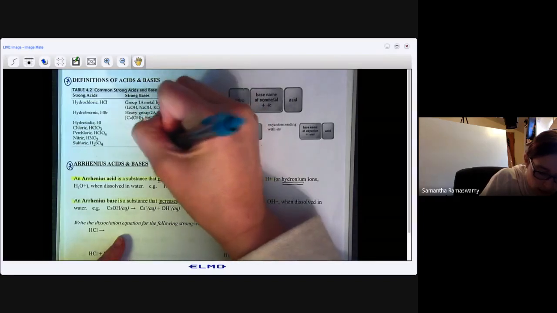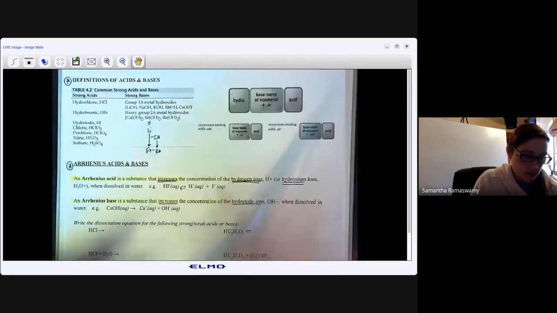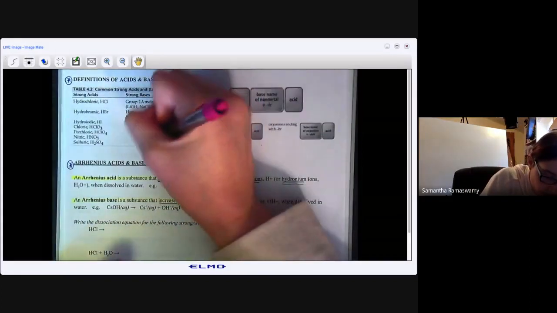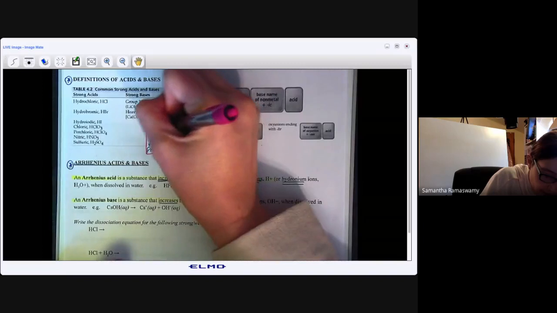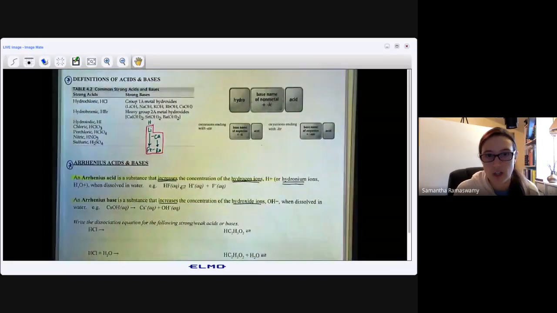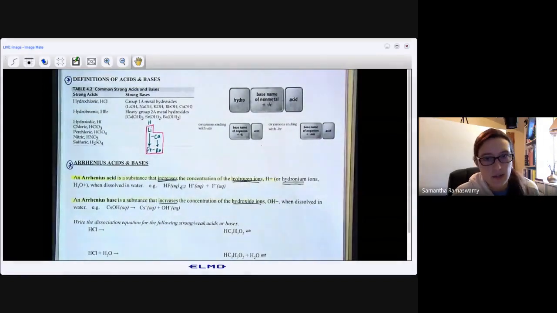So it makes this lowercase b on the periodic table. Any of these metal cations with hydroxide are strong bases: LiOH, NaOH, Ca(OH)2, Sr(OH)2. If it's not one of those strong bases, we assume it's weak.